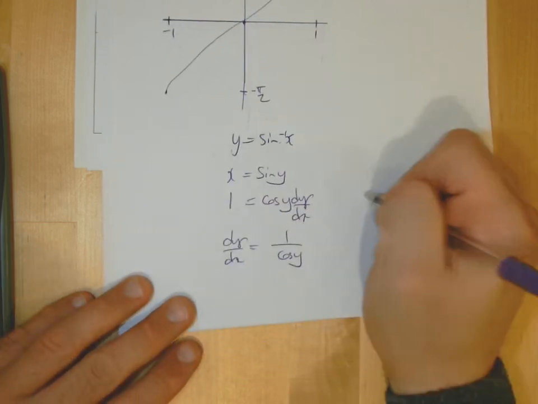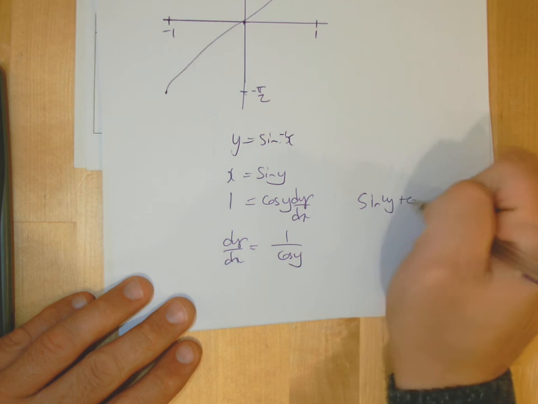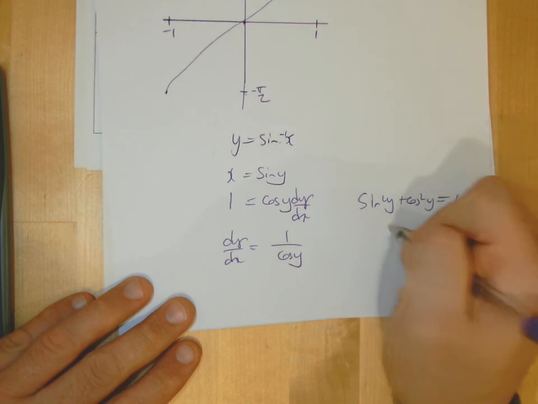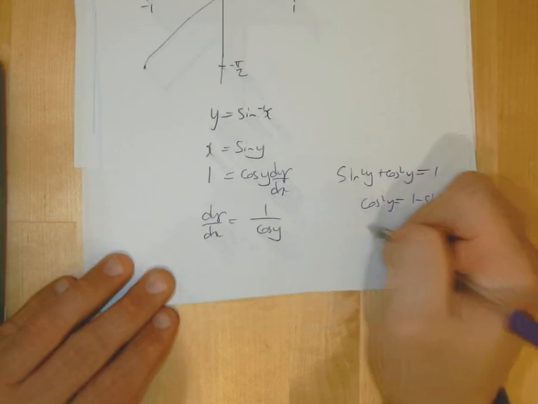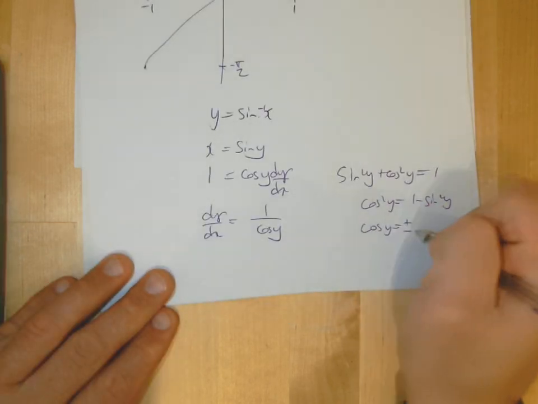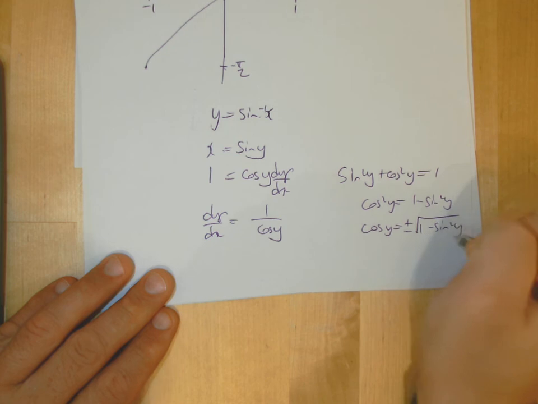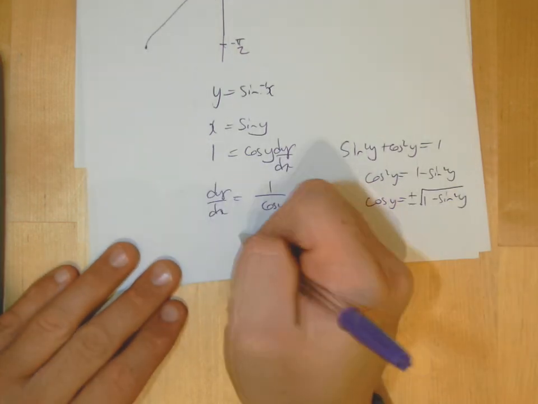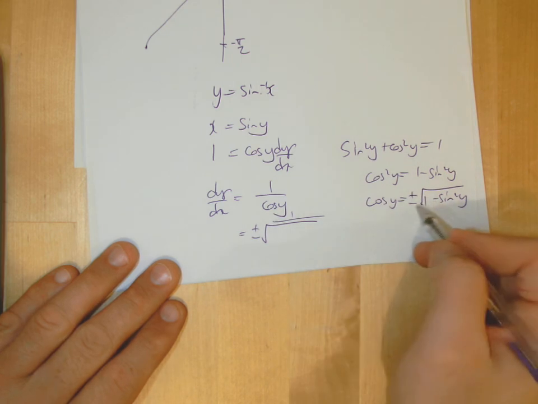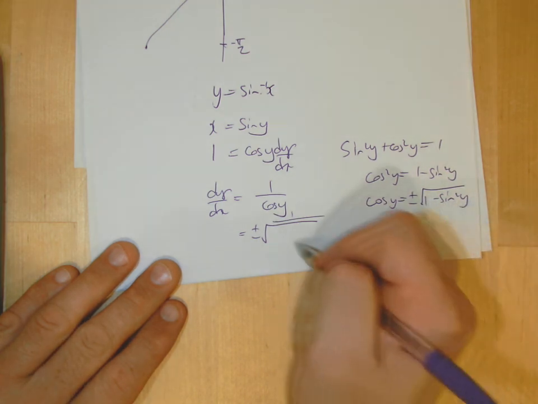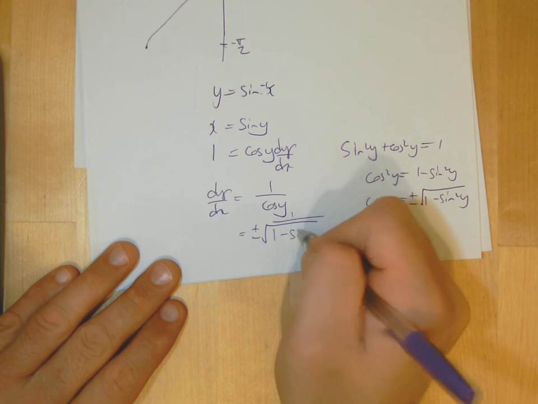Then a little bit of rearrangement, because we know sine squared y plus cos squared y equals 1, so cos squared y will be 1 minus sine squared y, and cos y will equal plus or minus the square root of 1 minus sine squared y. So you put that in there: 1 over plus or minus the square root of 1 minus sine squared y.